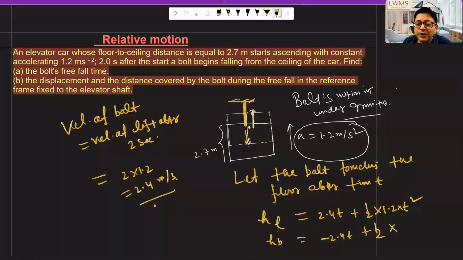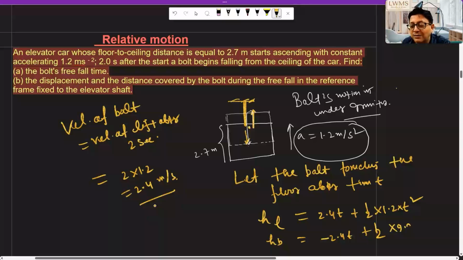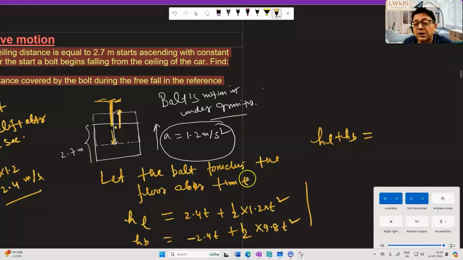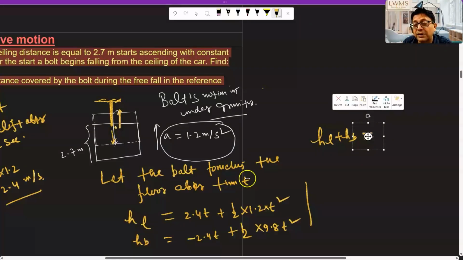You can take 9.8 or 10 unless otherwise stated. It is better you take 9.8 always. Clear? The sum of these two distances, HL plus HB, has to be equal to the height of the lift, that is 2.7 meters.